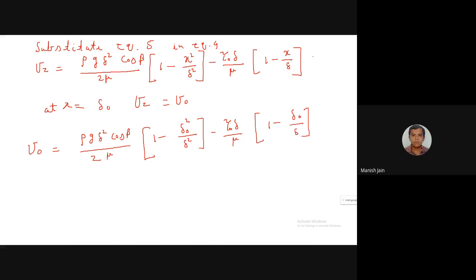Okay, so these two equations, this is equation number 6 and 7. Equation number 6 and 7 represent the Bingham fluid model. When the fluid flows on an inclined plane, because of the lesser shear stress, the upper part moves like a solid block.